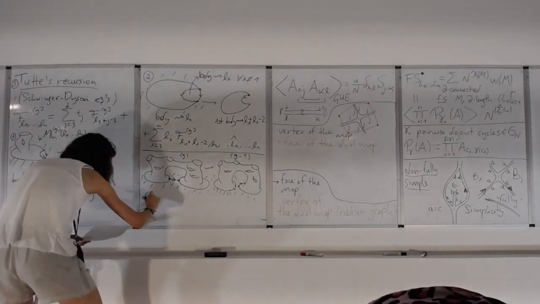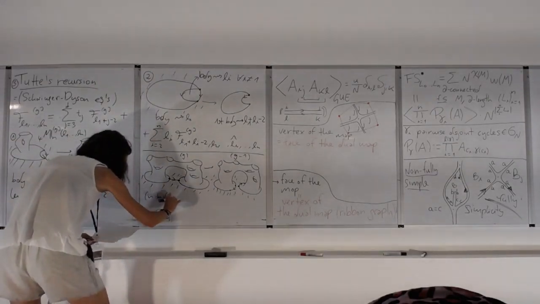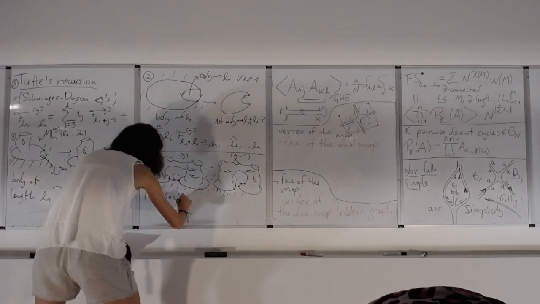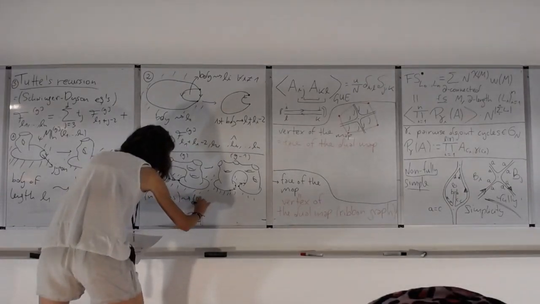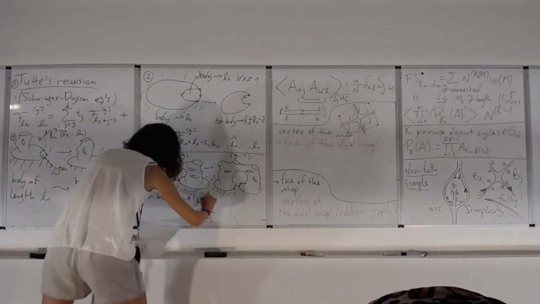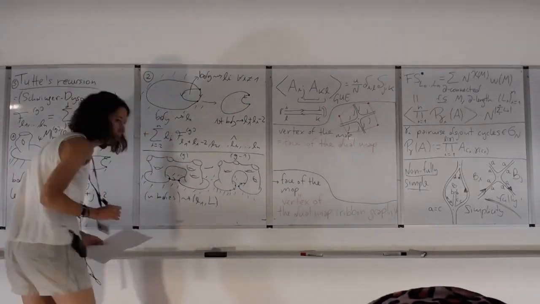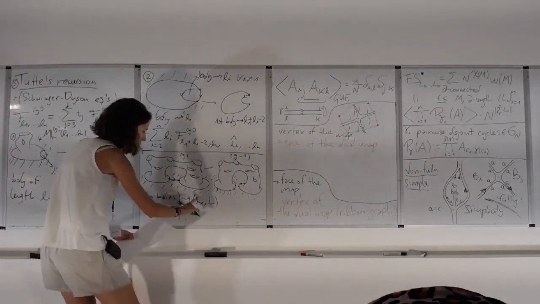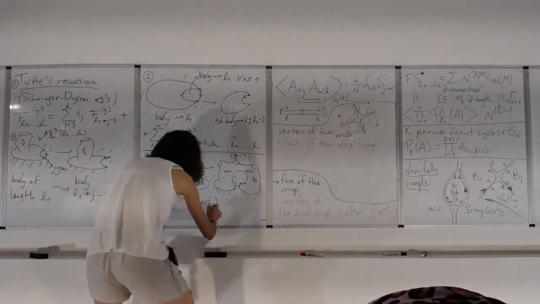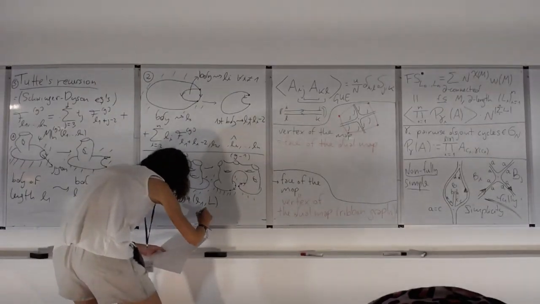Okay, so this goes from n boundaries of lengths L1 and some other L. This is the tuple of the lengths of the other boundaries.